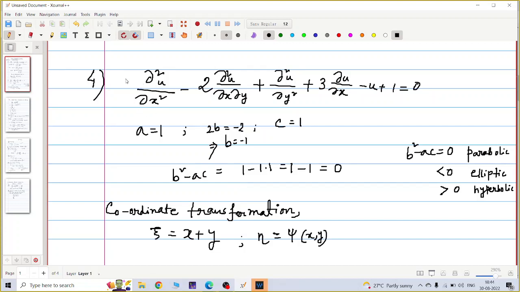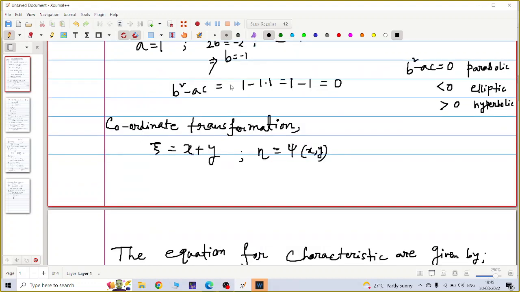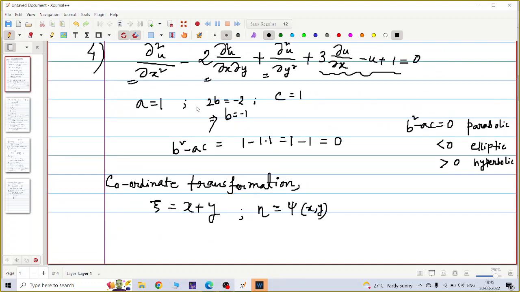I have to only write the coefficient of del 2 del x2 as 1, coefficient of del 2 del x del y as minus 2, and del 2 del y2 coefficient is 1. And the rest of the other terms I can change by anything, because my discriminant depends only on the coefficients of the highest order derivatives.